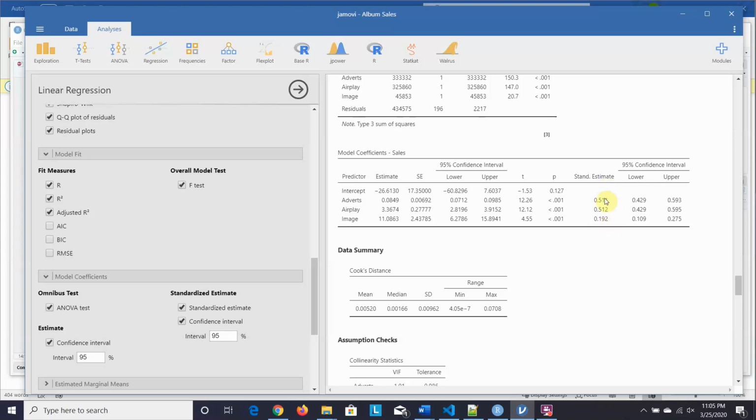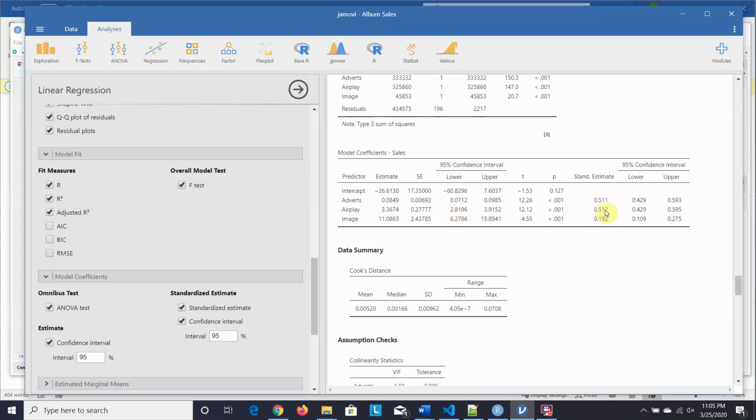So now you'll notice that we can compare these numbers with each other, and we can see that advertising is 0.511, and airplay is 0.512, and image is 0.192. And what this tells us is that for a 1 standard deviation change in advertising, we're going to change sales by 0.511 standard deviations.